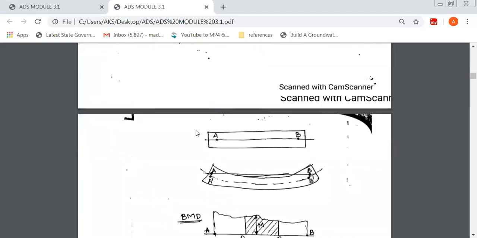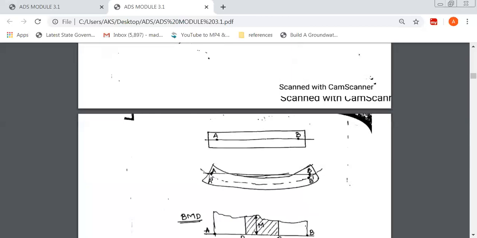You can see here, this is a beam which is unloaded. When you load it, the beam gets deflected into this shape. Now we have to find how much is the rotation at this end and how much deflection is happening. You can see here, this line is the neutral axis.